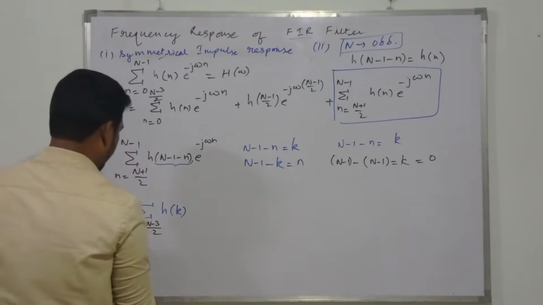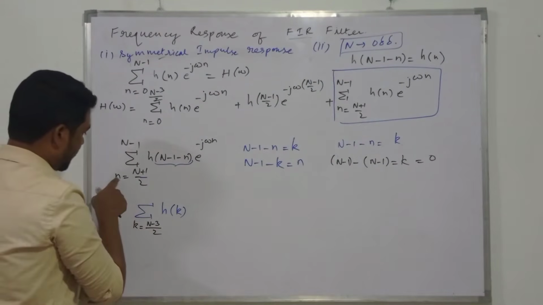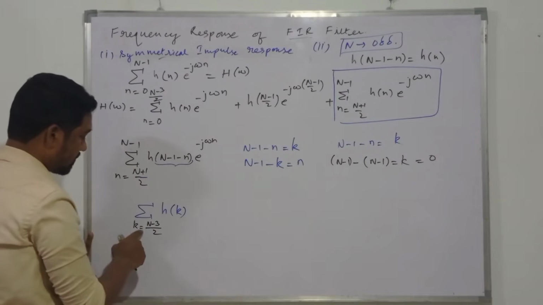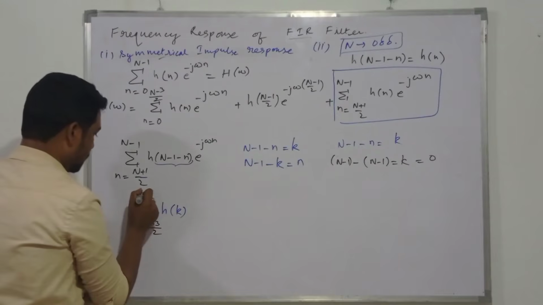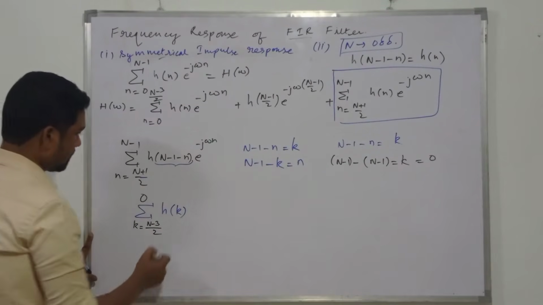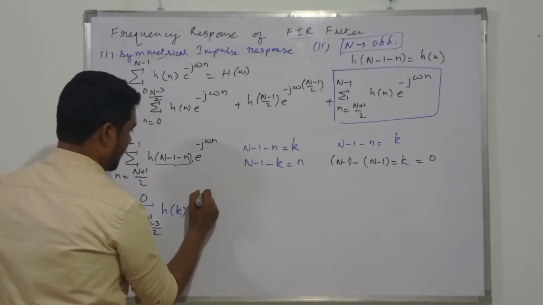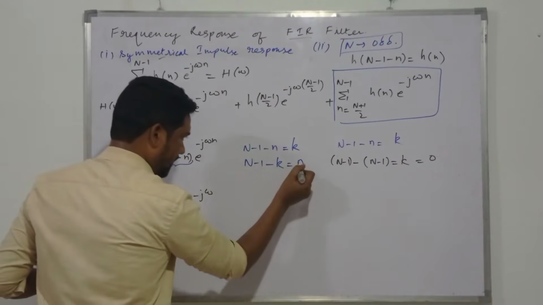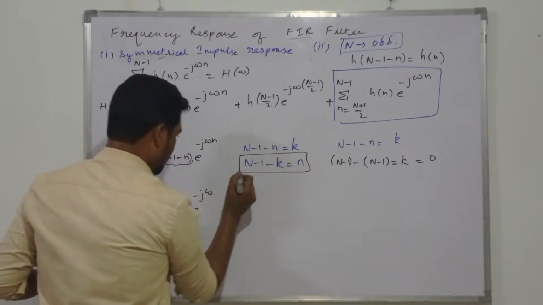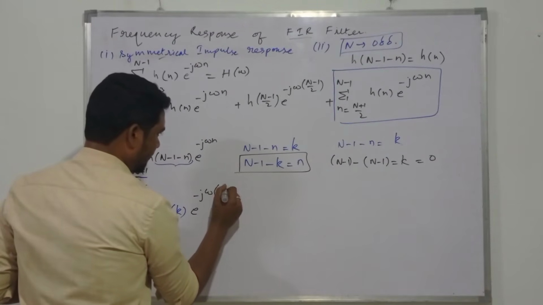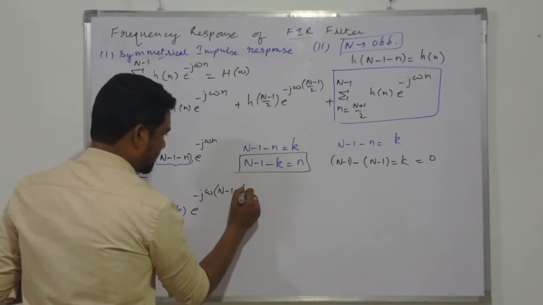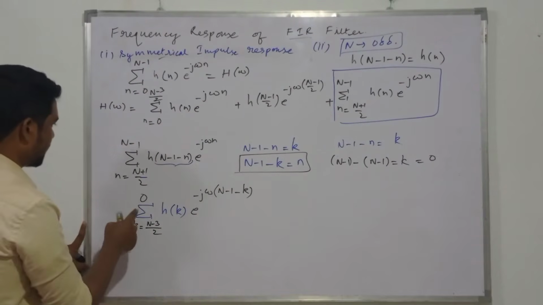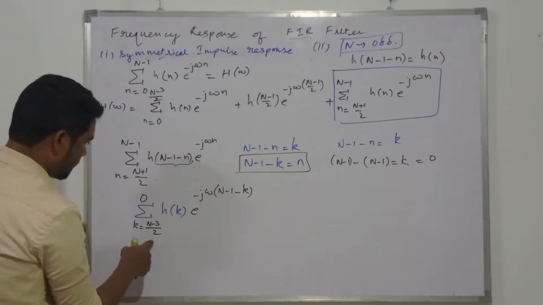In the sense, when n is running from (N+1)/2 to N-1, k will be running from (N-3)/2 to 0 from that very expression, and e raised to minus j omega n, the n value from here, n equal to N-1-k.